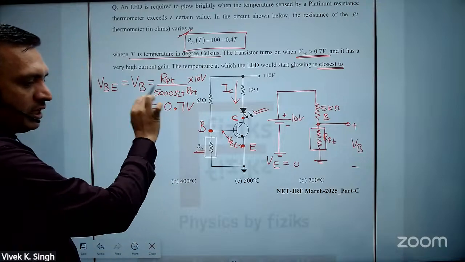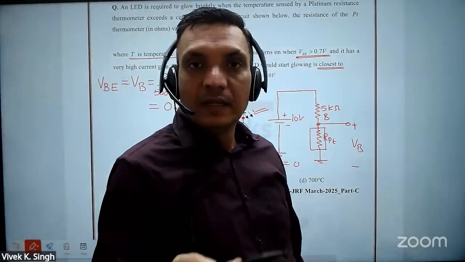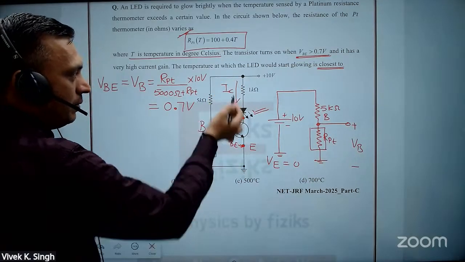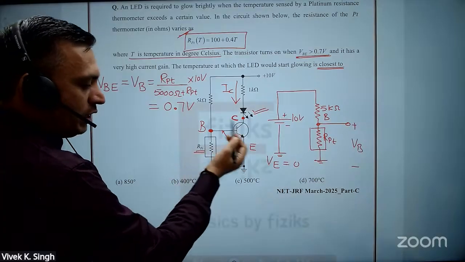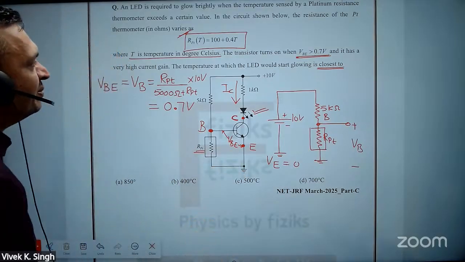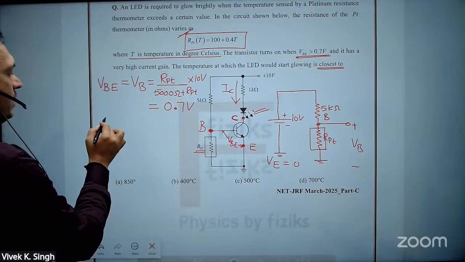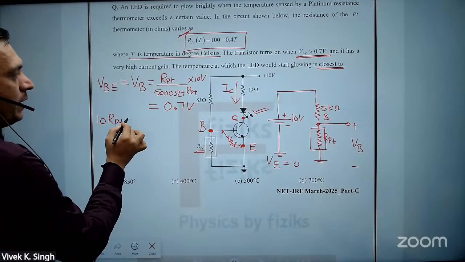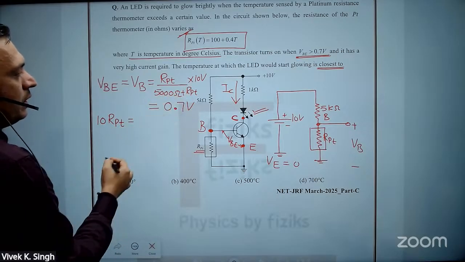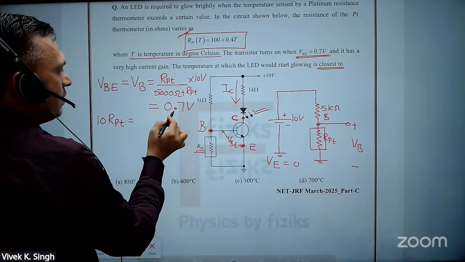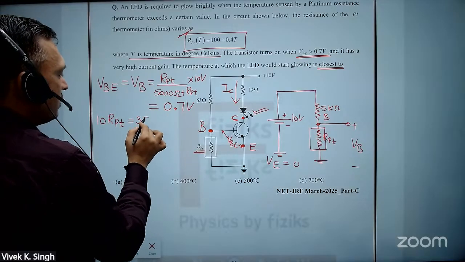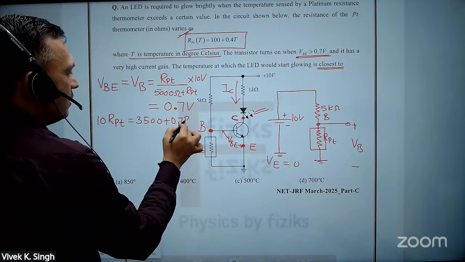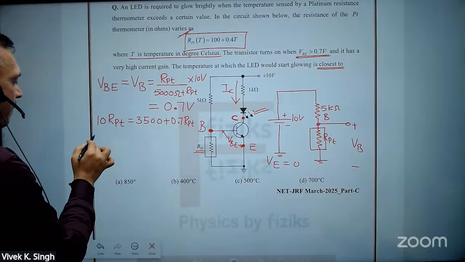If you solve this equation, you will get what value of resistance you require for this current to flow, and that will give you the temperature itself. Let's see what you get. 10 R, platinum resistance, equals 0.7 times the platinum resistance plus 5000, so this is 3500 plus 0.7 times this resistance.